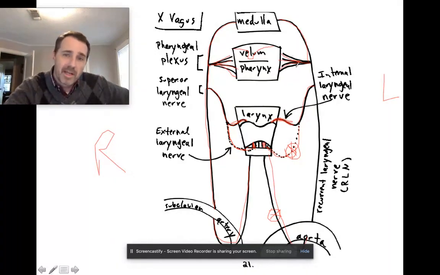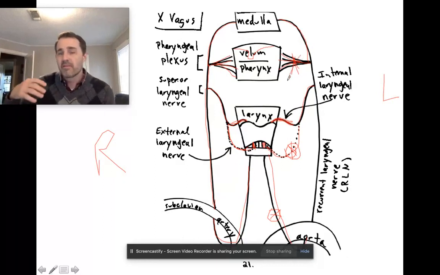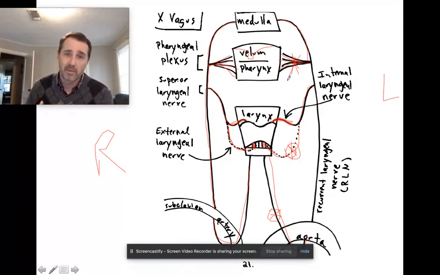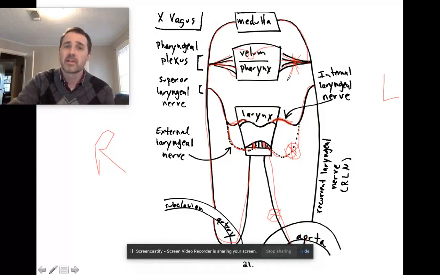If a person has a lesion up here on the pharyngeal plexus, then the velum is not going to be able to move appropriately, so they're going to have resonance problems. They're going to be coming to see you. The pharynx isn't going to be able to move, so they're probably having swallowing problems. They're going to be coming to see you.